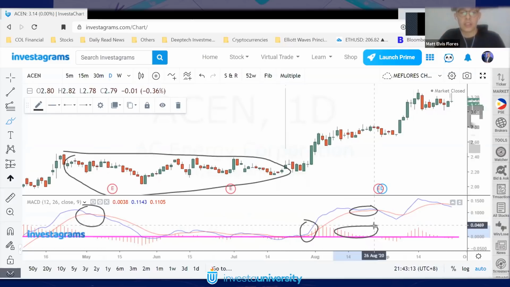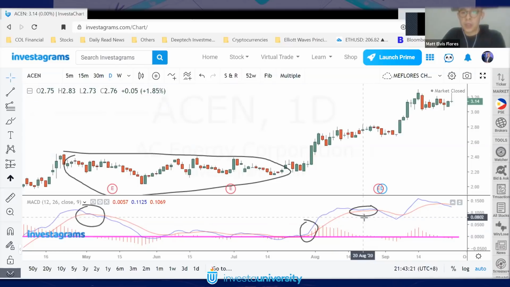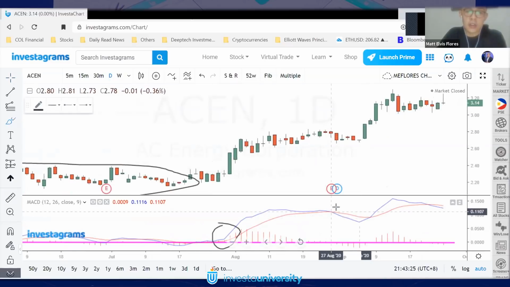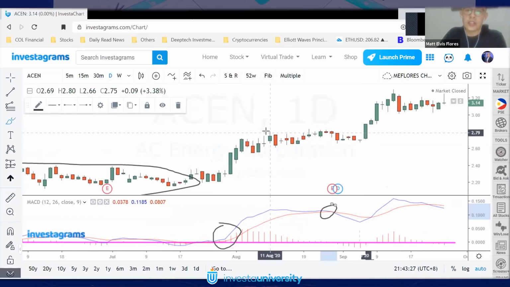So this is one thing to note then if you will be using MACD as an indicator, di ba? So, kita mo yung histograms mo. So, that's another crossover down, which is, again, di ba? Bakit?